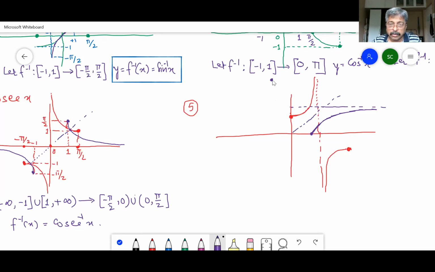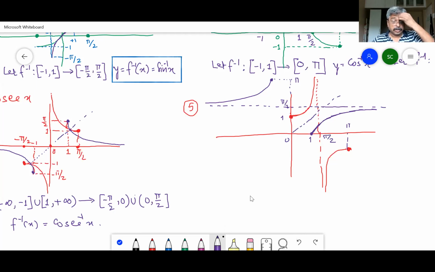And it will come down like this and will become asymptotic to this line. Is that okay? So this is what is your sec. Let me decorate quickly. This is 1, this is pi by 2, this is pi, 0, 1, pi.